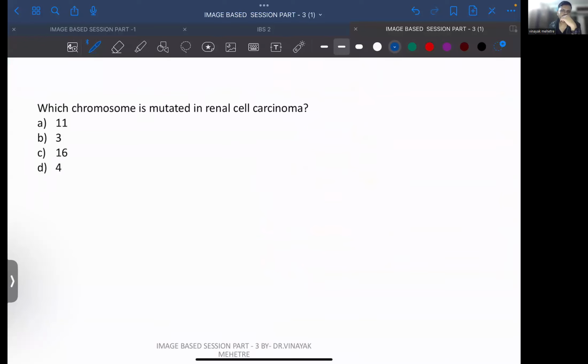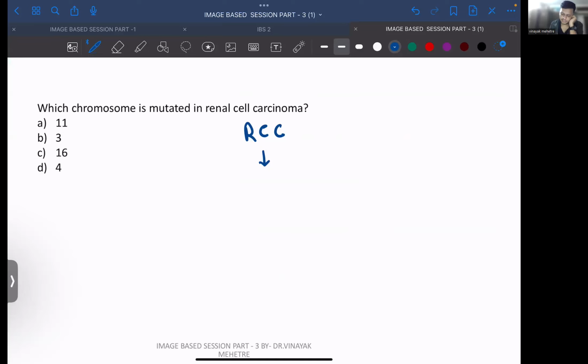What do you think? Renal cell carcinoma. How many alphabets are there? 3. The most common type of carcinoma is renal cell carcinoma. Which type?